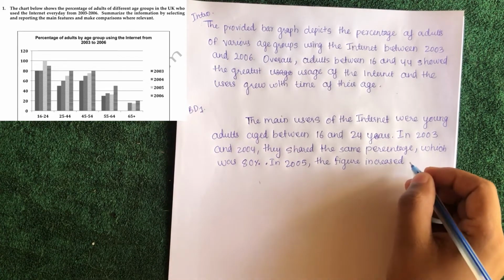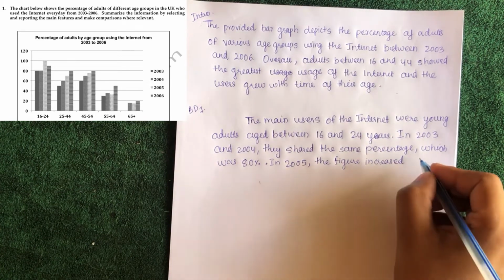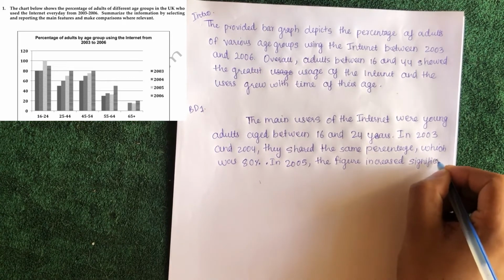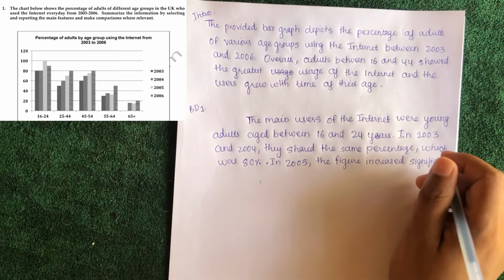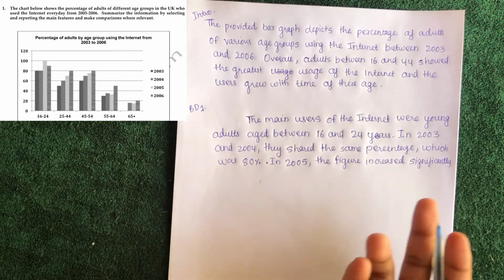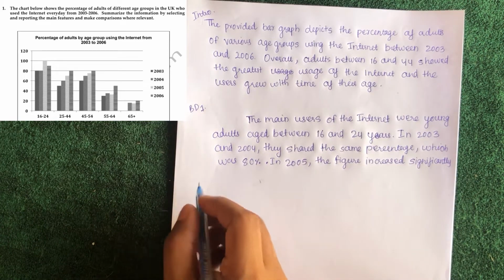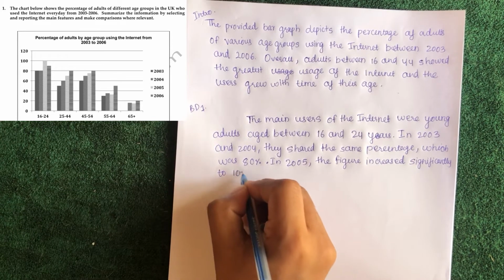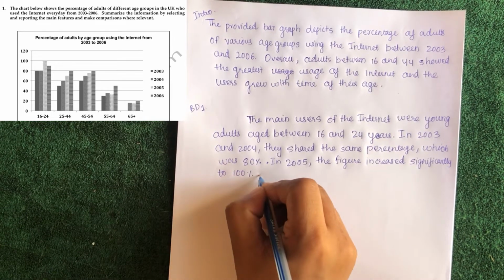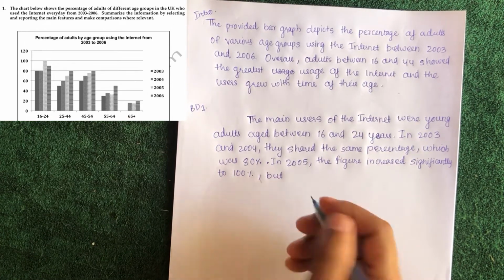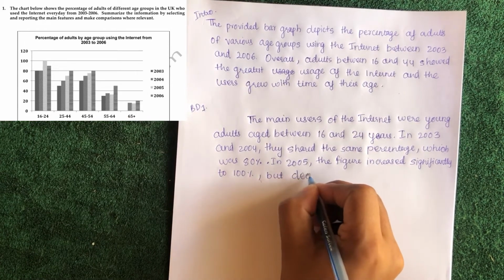Now, increased significantly, isn't it? Or we can write steadily, constant, considerable, anything. To how many percentage? 100%, isn't it? But you can write however, but decrease.